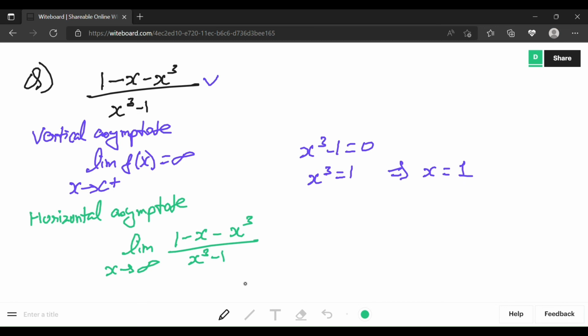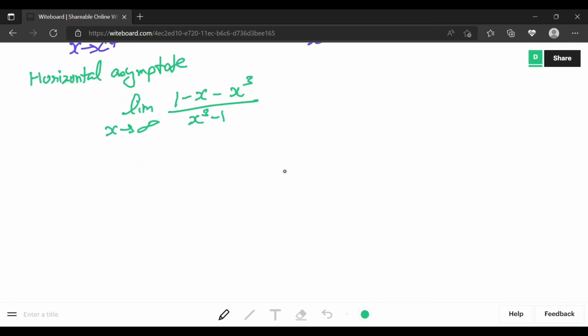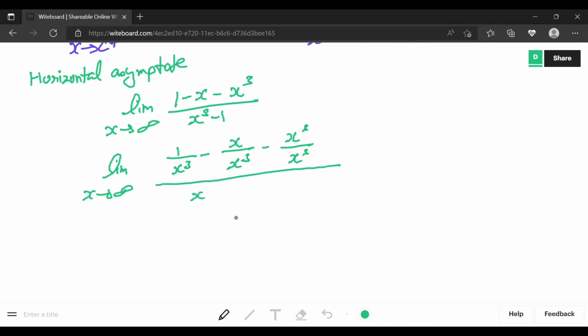Dividing throughout by the highest power of x in the denominator, which is x cube, dividing both numerator and denominator. So limit x tends to infinity, 1 upon x cube minus x by x cube minus x cube by x cube, whole upon x cube by x cube minus 1 by x cube.